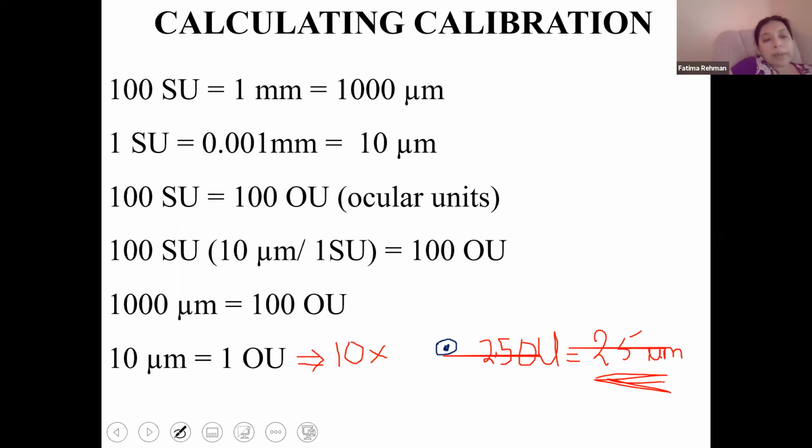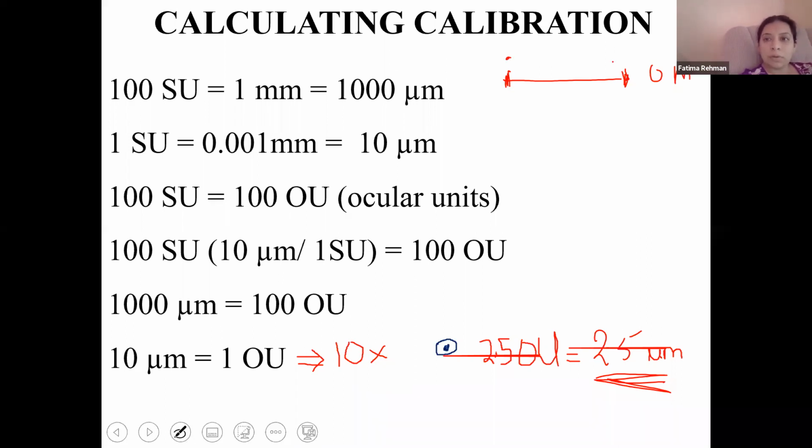So let's do one by ourselves. So I'll give you what it looks like. So under the 4x objective lens, which is the 40x final magnification, this is my ocular micrometer. So this is the full length, okay?